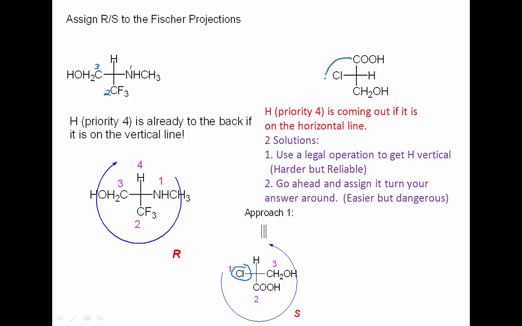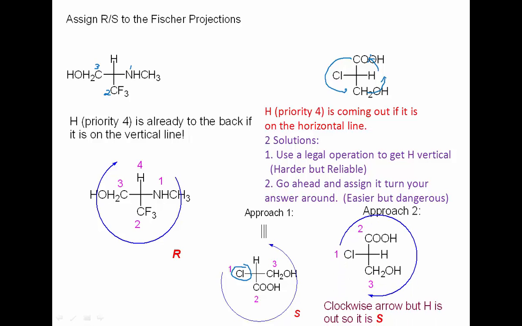Here's my rotation. That's going there, this is going here, and hydrogen is going to the top where it needs to be for a reliable R and S configuration assignment. Chlorine's 1, carboxylic acid's 2, CH2OH is 3. The arrow from 1 to 2 to 3 goes in a counterclockwise direction. Therefore, this is the S enantiomer.